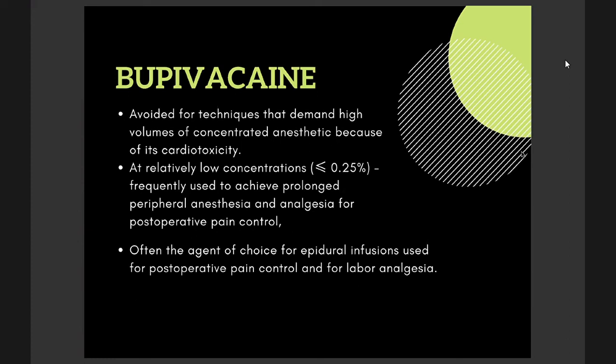But if the patient will undergo cesarean section, then we have to use your 0.5% concentration of bupivacaine, because now you want motor block. So when you have your so-called differential blockade, you want to separate your sensory block from your motor block.